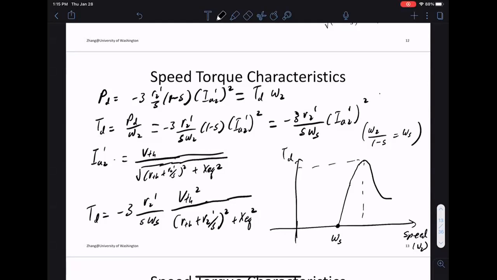This value is called the pull out torque. This is how much torque I can pull out, sometimes written as TPO. And this is omega PO, omega pull out, the speed at which you generate the maximum amount of torque. Questions?